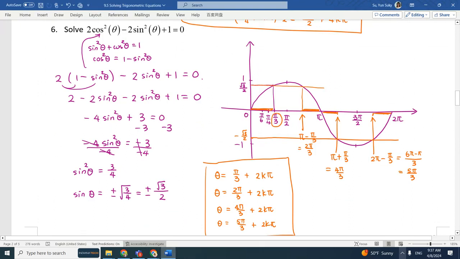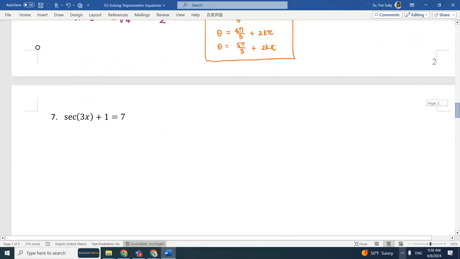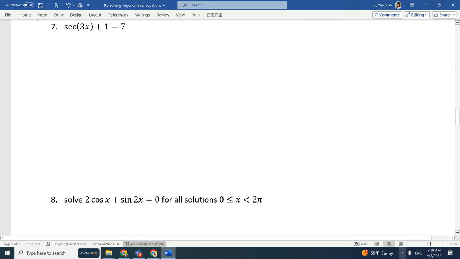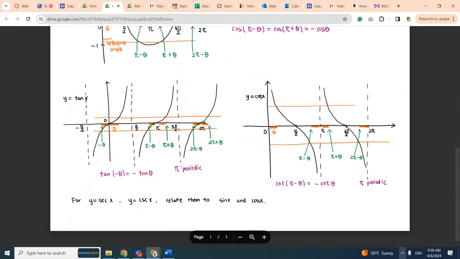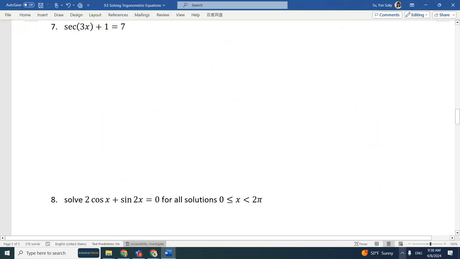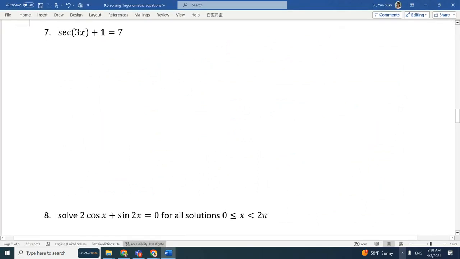All right. So this is number 6. Let's continue. Oh, sorry, I forgot to say, if you have secant and cosecant, you know they're related to sine and cosine, right? So you can change it to sine and cosine and use the sine cosine graph. Like this problem. We have secant of 3x plus 1 is 7.